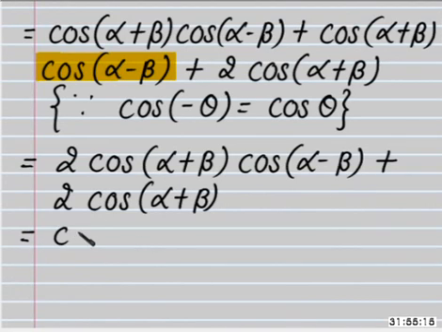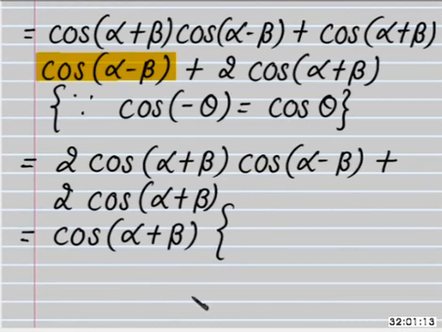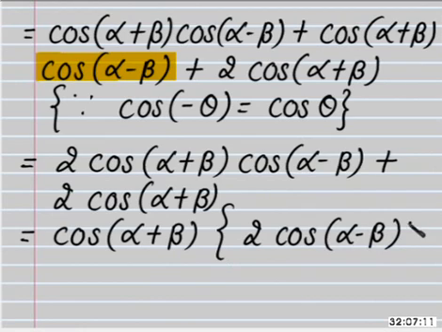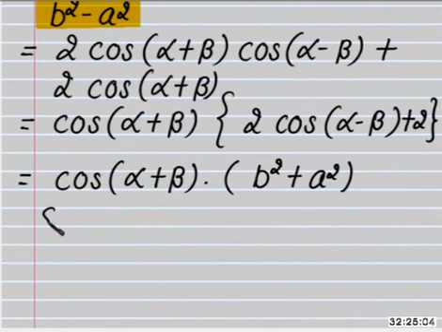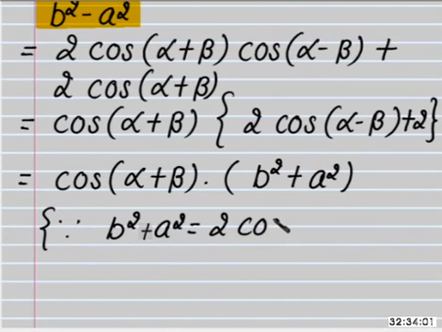Now it is equal to cos of alpha plus beta into 2 into cos of alpha minus beta plus 2. So it is equal to cos of alpha plus beta into B square plus A square, that we get by using first equation, which is B square plus A square is equal to 2 into cos of alpha minus beta plus 2.